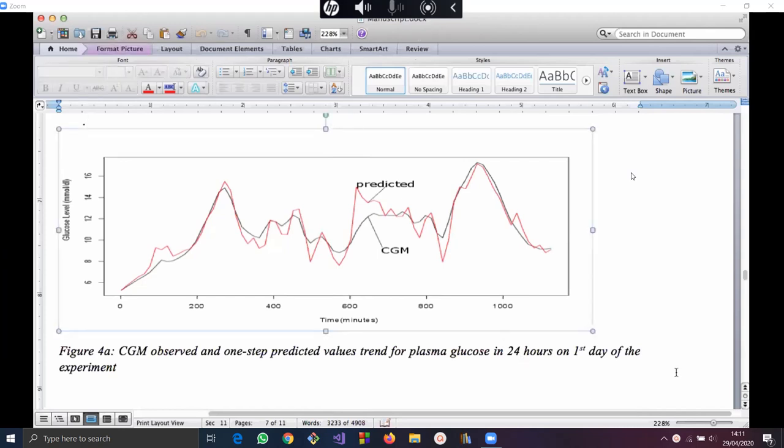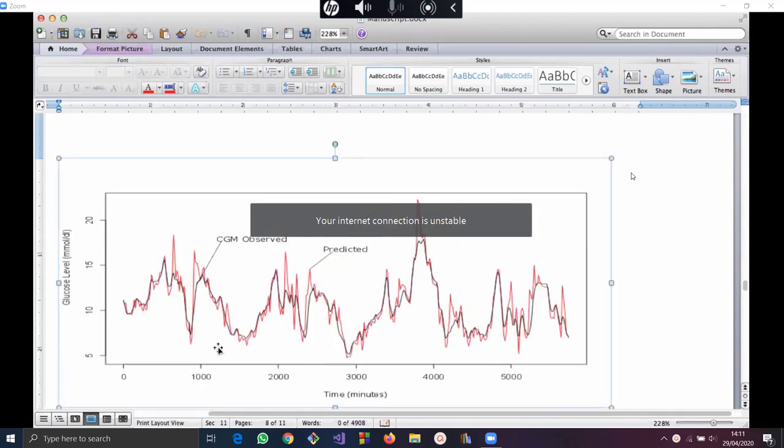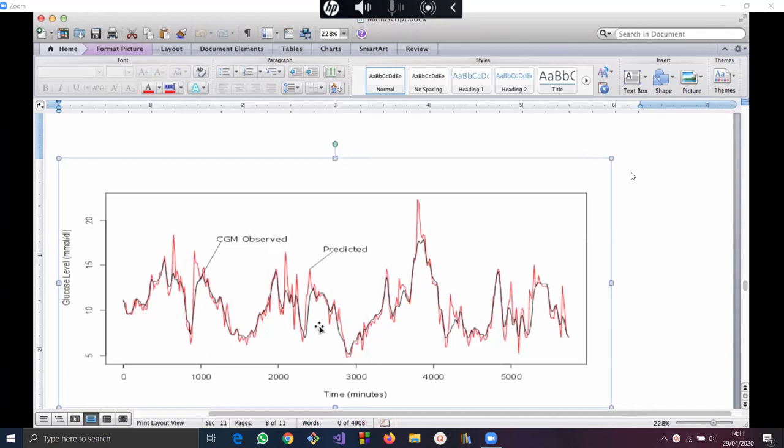But when we increase the data, you will realize here, ours is in red, the other one is in black. You realize that our model became more sensitive, and therefore was predicting better than the continuous glucose monitoring.